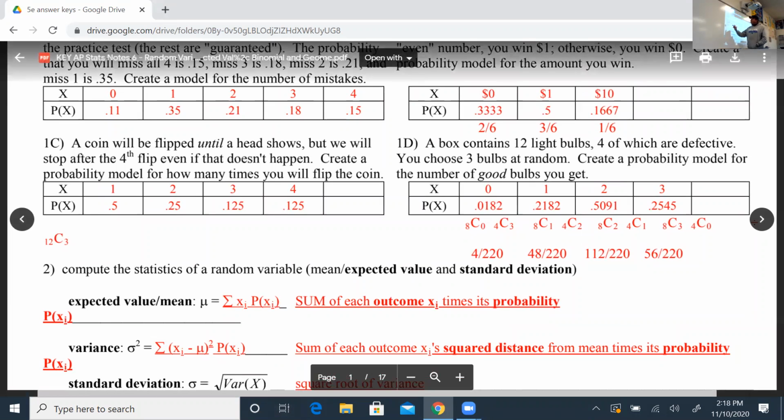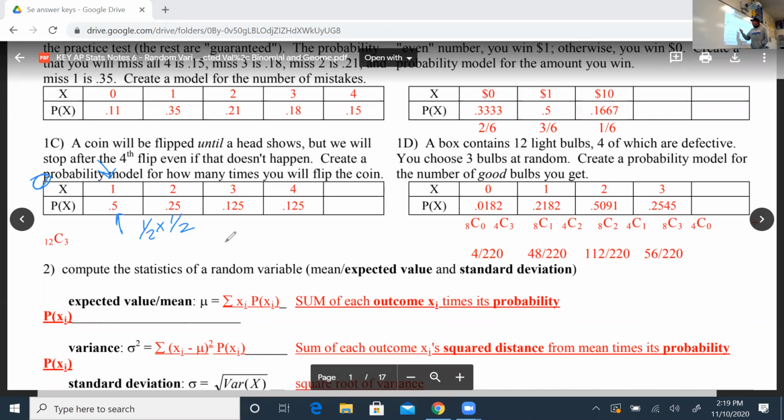Well, there is no 0 here, so keep that in mind. It doesn't exist, because the first is a 1, right? The first flip. There's a 50% chance that happens. There's a 25% chance that the first head is on the second flip, because that's a half times a half, which is 1/4 or 25%.